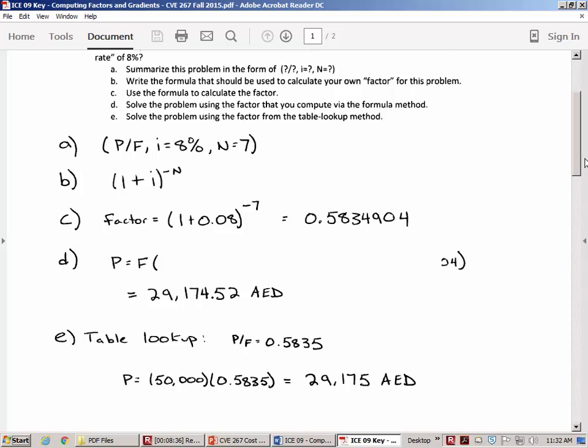So any questions about precision in the back? 1 minus 0.08? Yeah. You didn't get the same answer, right? It was somewhat different.